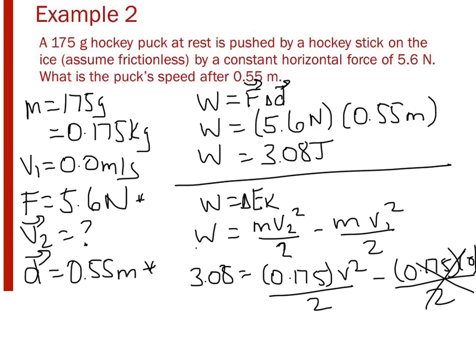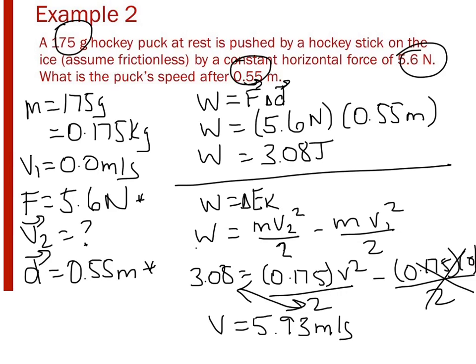We do 3.08 times 2 to get rid of the fractions, and then divide by 0.175. And then we need to take the square root of that. And so we get v equals 5.93 meters per second. Then let's look at our sig figs. We have 2, 2, 3, so we want to round that to 5.9 meters per second.